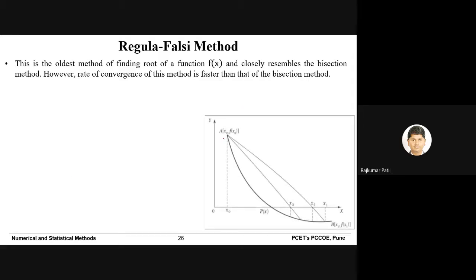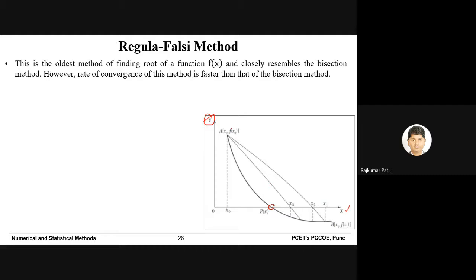So in the figure you can see that there is a y-axis. Let me select the pen. Yeah. So you can see here the y-axis and x-axis, and a dark black curve, which is a function f of x, and we are interested in this particular root.